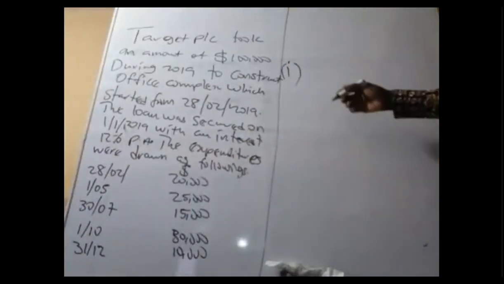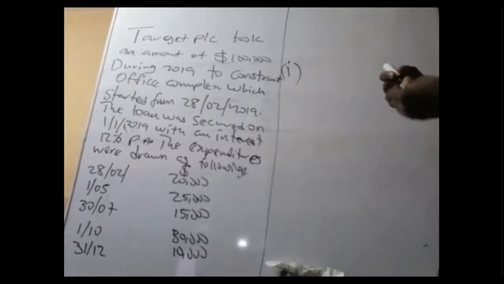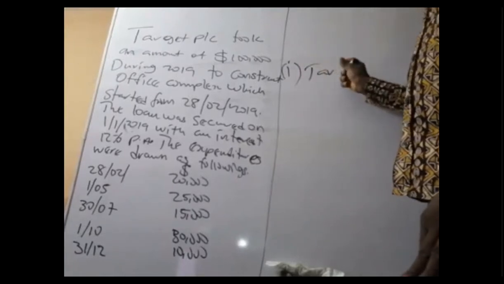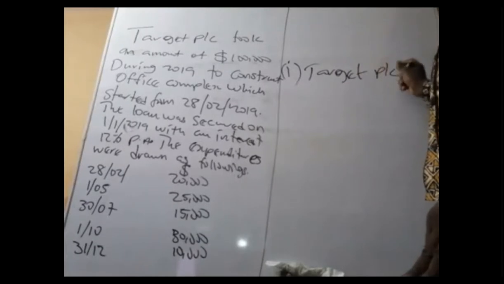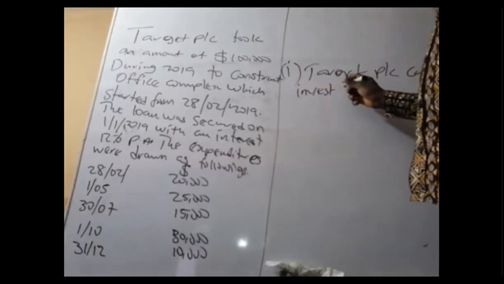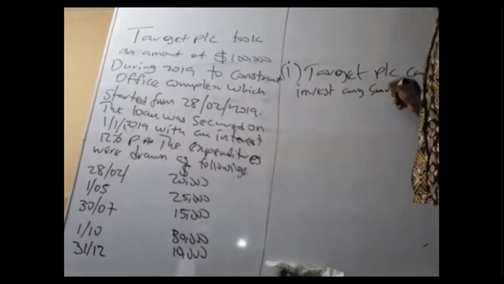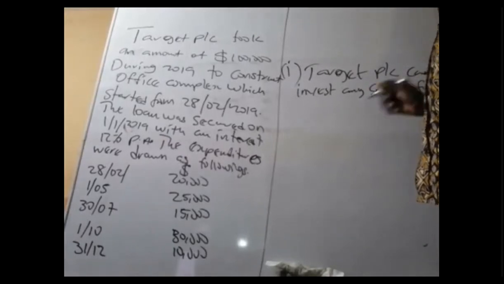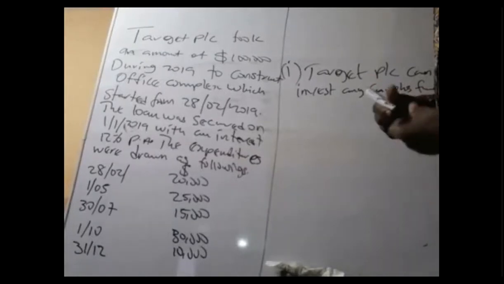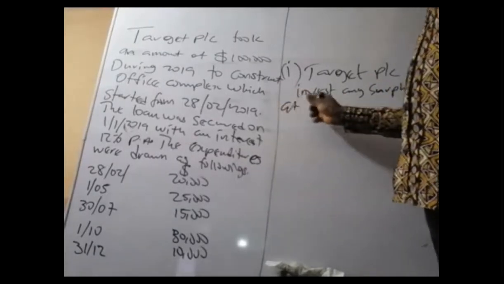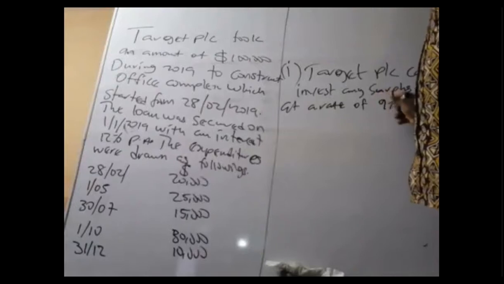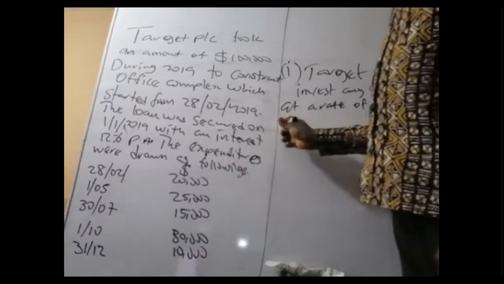Note 1: Target PLC can invest any surplus funds or idle funds at a rate of 9% per annum, full stop.